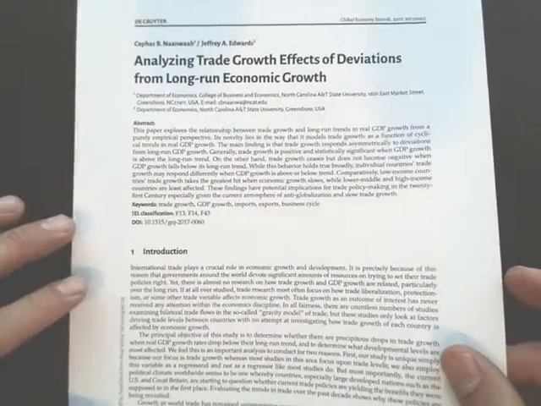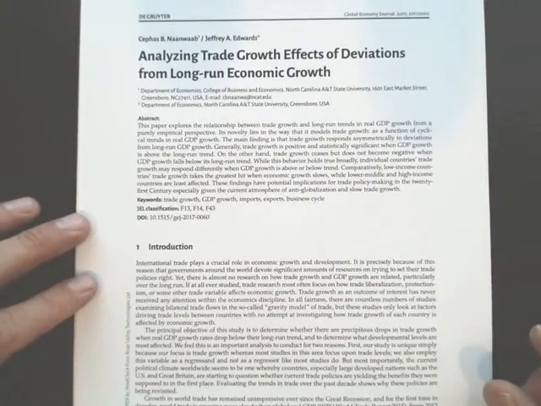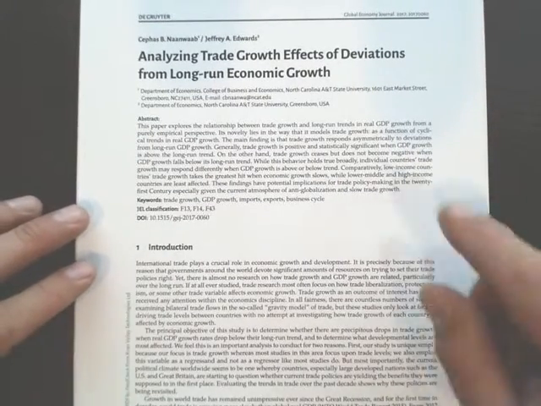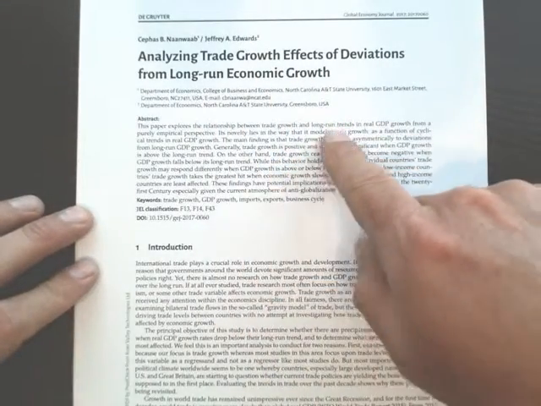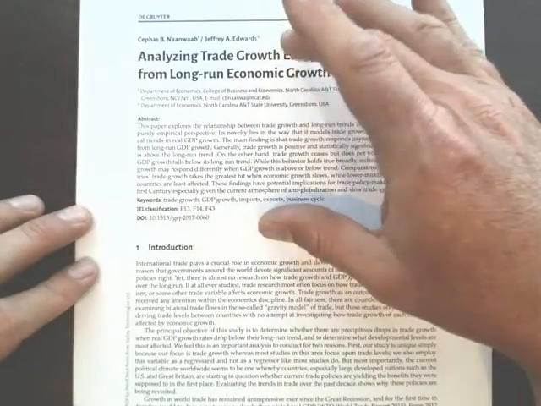What I've done is I've actually printed out a paper that I have published. I was a co-author with another faculty member in our department, and it was actually published in a journal called Global Economy Journal, and you can see the title and so forth, and you can see the abstract of the paper, and we'll get to that later, okay?